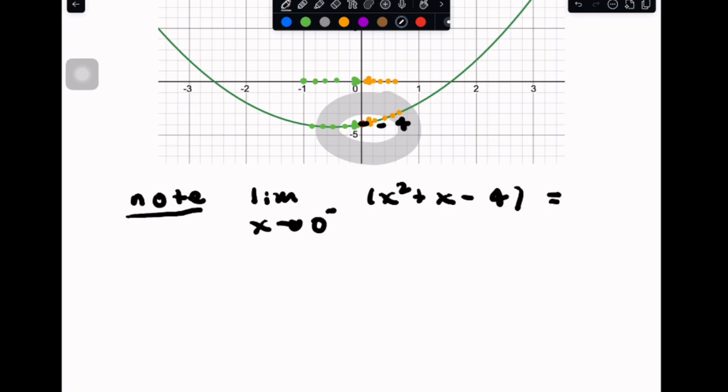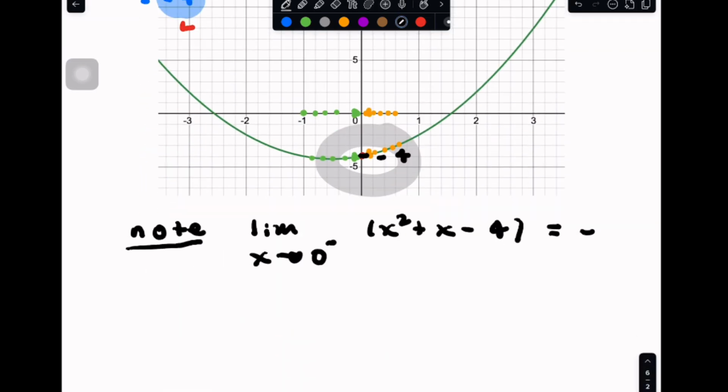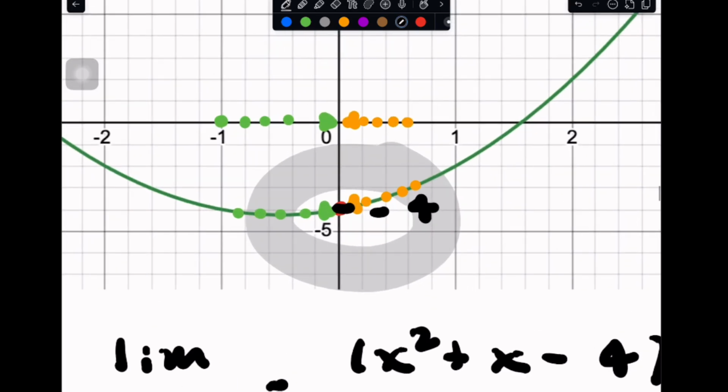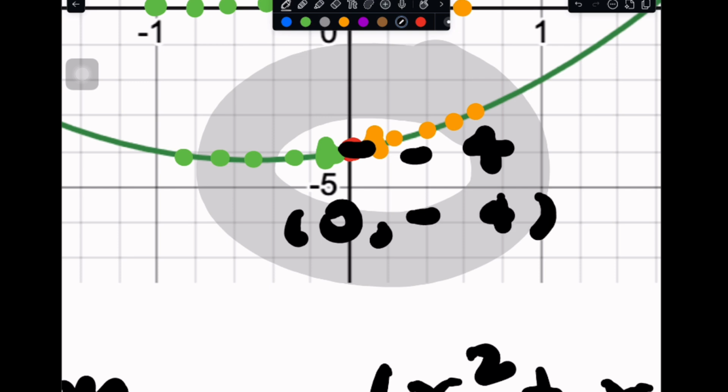See if you're awake. Does that change your answer? No. It's still what? -4. Aren't you approaching that y coordinate because this is the location, 0, -4. In green, aren't you approaching the -4 for the y coordinate value?